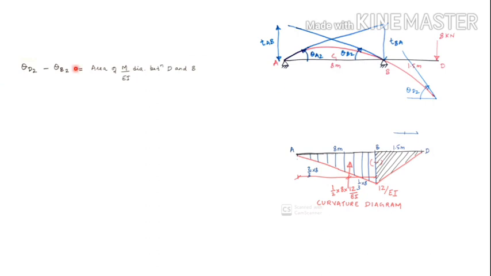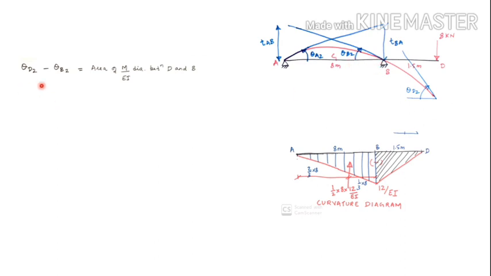Before using this theorem, you have to see which slope is higher, either B or D. From the deflected curve, it is evident that theta D2 is higher than theta B2.